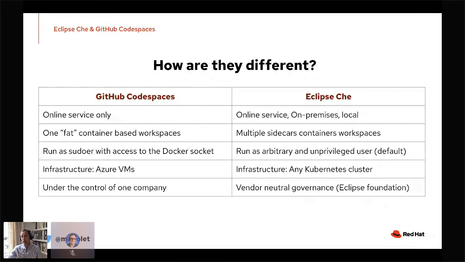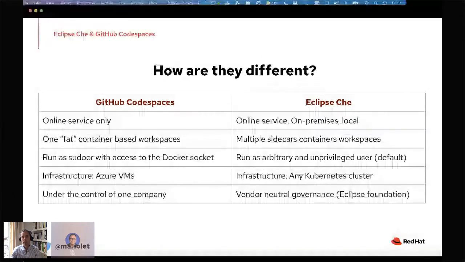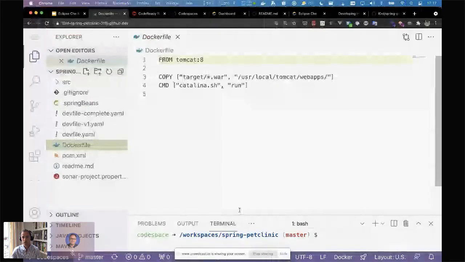We try to isolate the IDE from the extensions, and if you have an extension that you want to run that has a particular dependency that is not installed in your main container, you can run a sidecar, which is a container that only has the dependency for that extension. It is augmenting your IDE without modifying the IDE container or the user tooling container. So those are two different approaches. And I just want to show what that means.